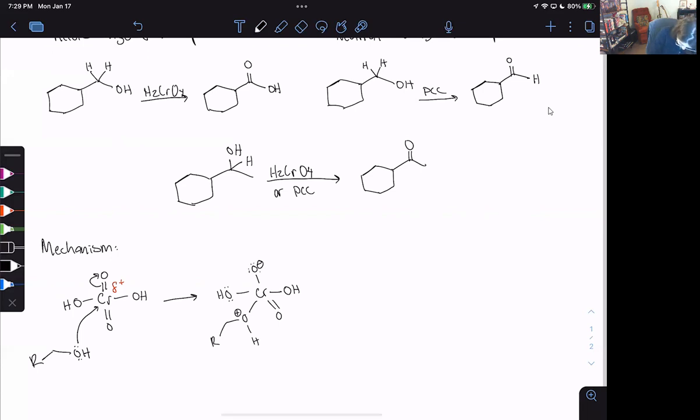We'll use the O-. So we're going to deprotonate that oxygen. No, I'm not going to. We're going to do the cheater way. It'll be crazy long with proton transfers if I do it that way. Okay, so we're going to use the OH, and you'll see why.